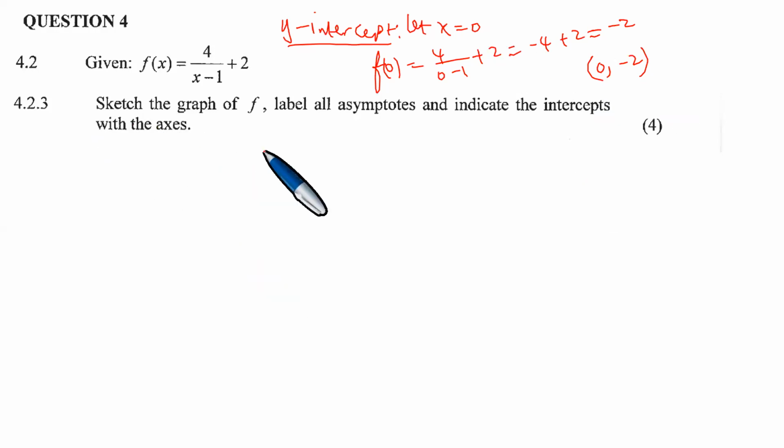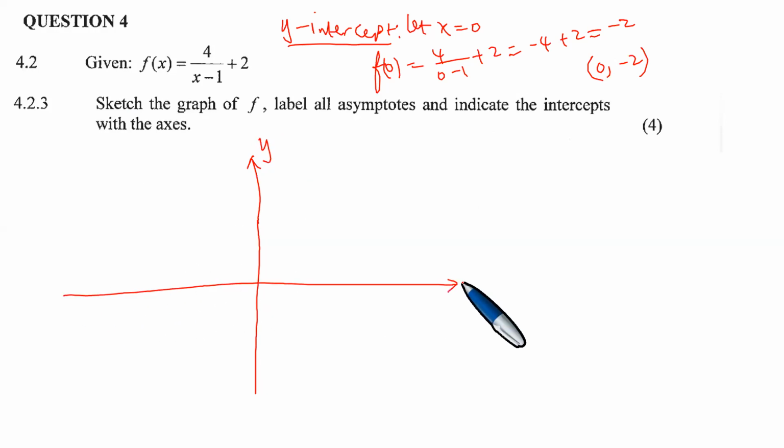Now, you need to be able to sketch the graph of f and label all asymptotes and indicate the intercepts with the axes. Let's sketch together. We first draw the coordinate axes: the y-axis, and the x-axis as well.